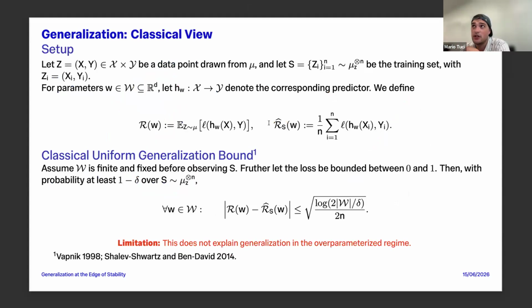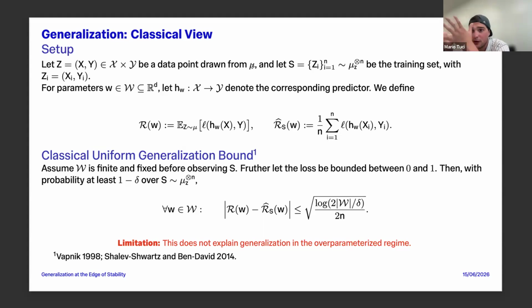In generalization, the classic view is that we have a data point which is an element of some X times Y. You can think about X as typically the features, and Y as the labels. This data point is drawn from some distribution, which we of course don't know.